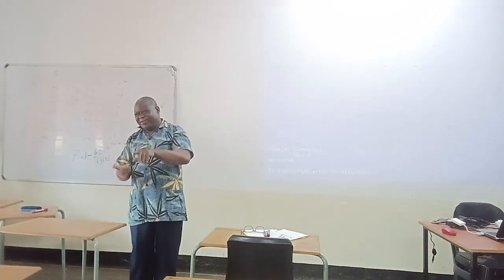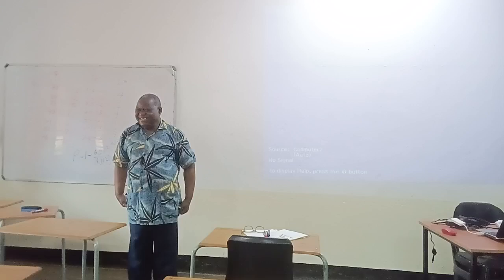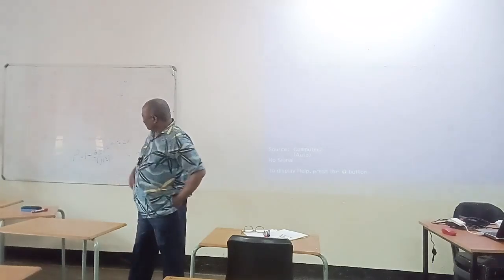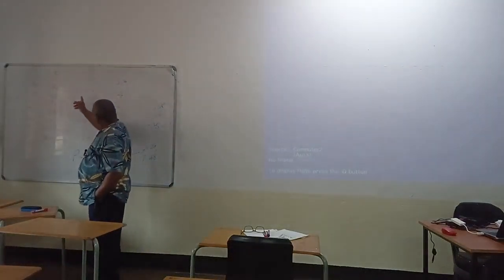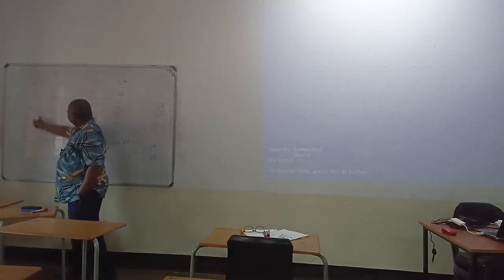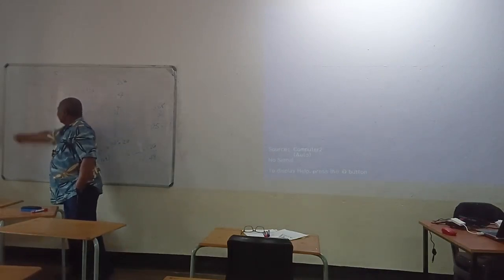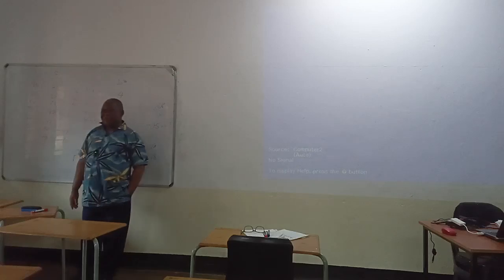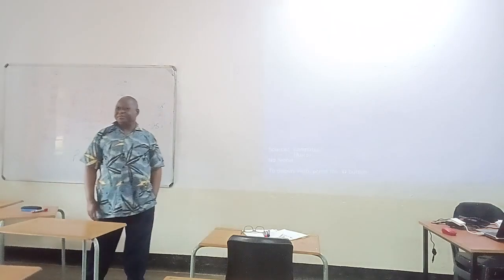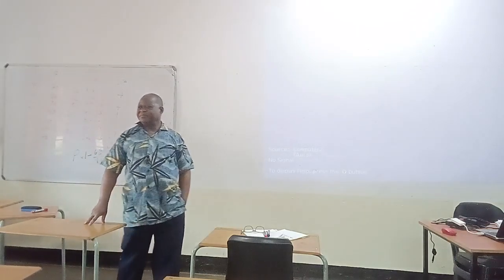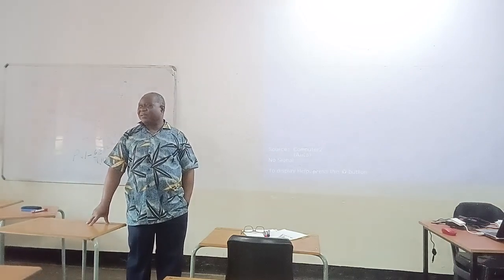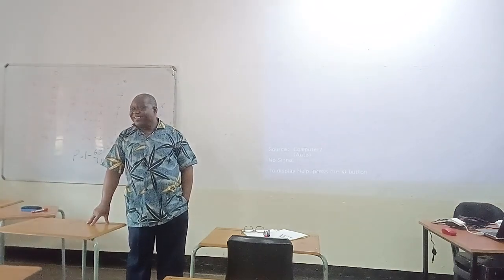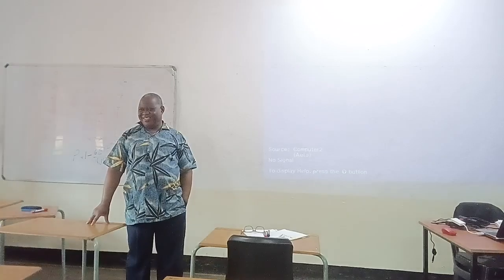Just going round and round to see whether we're making sense here. If we have this type of data and this type of data, what type of correlation coefficient should we use? Why?